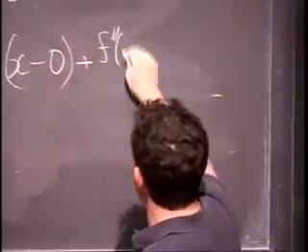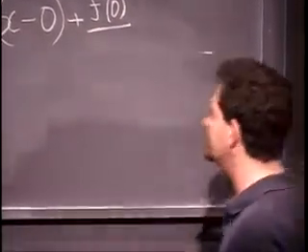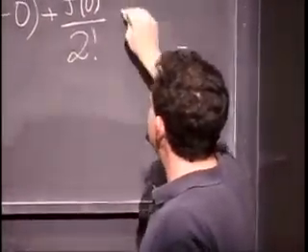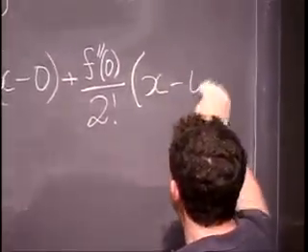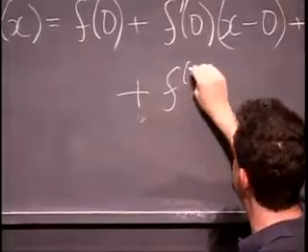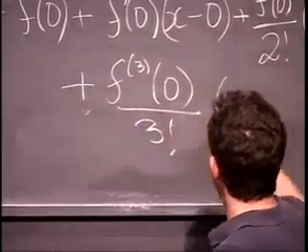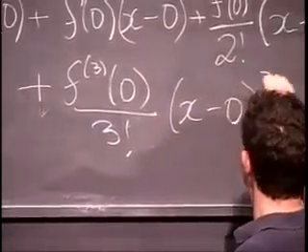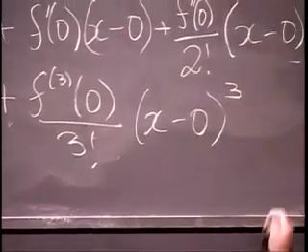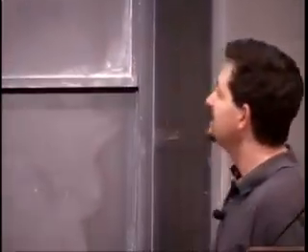Plus the second derivative over 2 factorial times x minus 0 all squared, plus the third derivative over 3 factorial times x minus 0 all cubed. That's the definition of P3 of x, and I simply replaced a by 0.